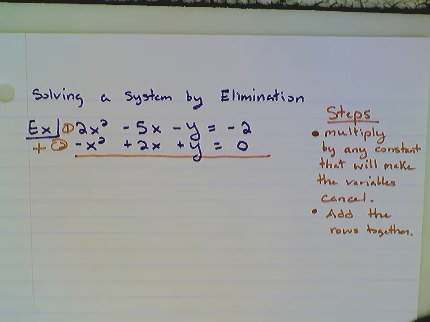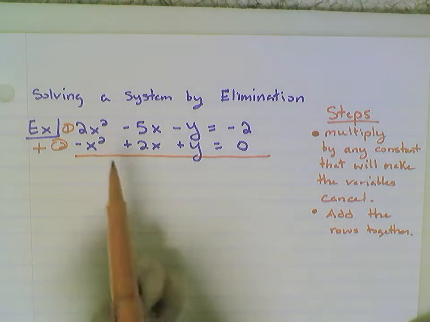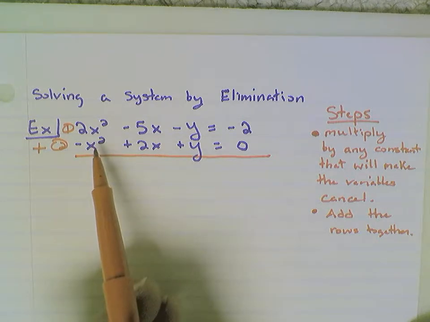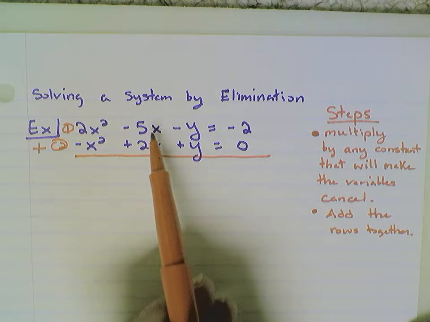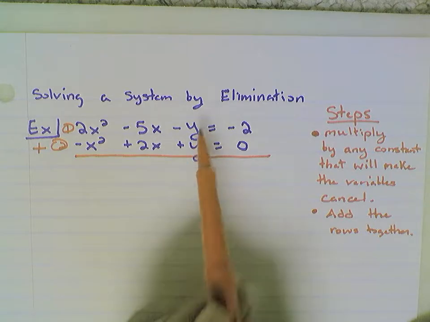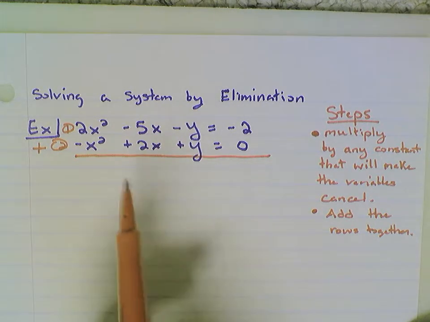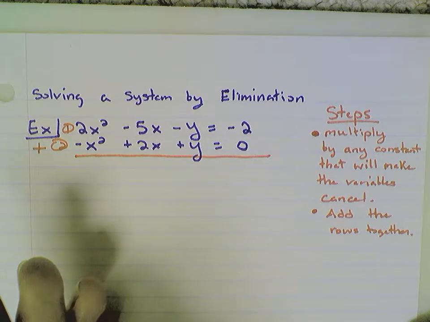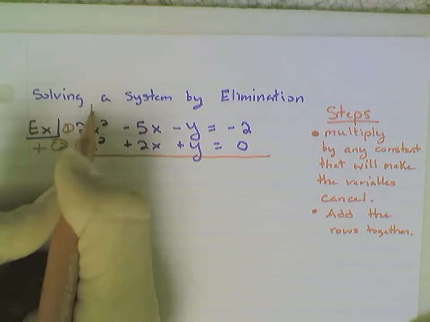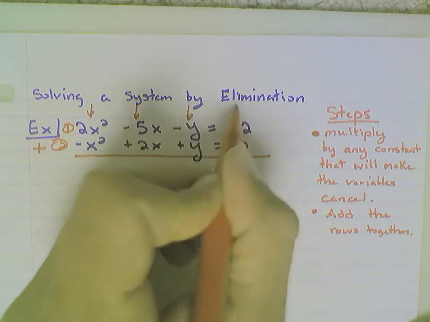When adding two polynomial equations together, we need to make sure we add like terms together. What I mean by this is the x squared terms need to be added to the x squared terms, the x's to the x terms, the y's to the y's, the constants to the constants. Once again, this problem is pretty nice. It's all lined up for us, so we don't need to do any rearranging. We can just add down the columns.